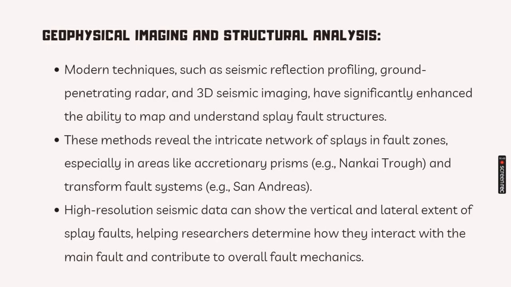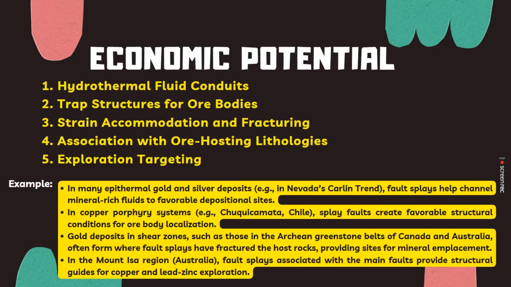If you properly understand the phenomena, you will be able to demarcate. High resolution seismic data can show vertical and lateral extension of splay. This is for major structures. Splay can be secondary, tertiary splay. It depends on the scale.